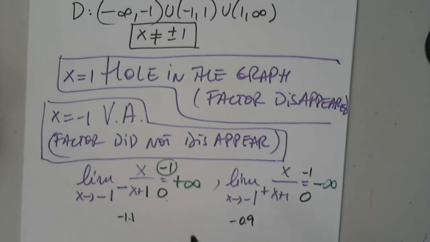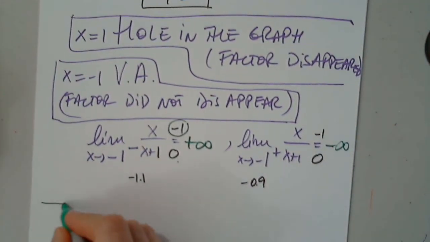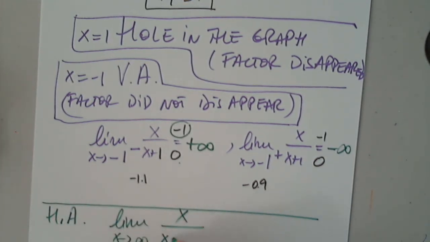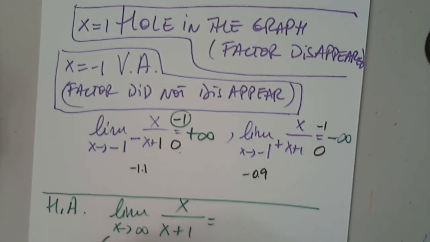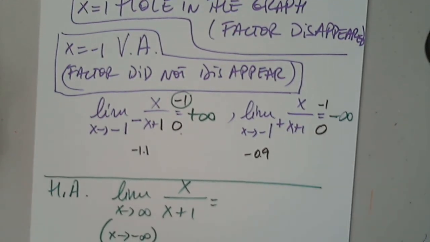Now I need to find the horizontal asymptote. For the horizontal asymptote, I have to find the limit as x approaches infinity of x over x plus 1. And it will be the same because this is a simple rational function. How do I do this? Where is the numerator going? Infinity. Very good. Sign is not important.